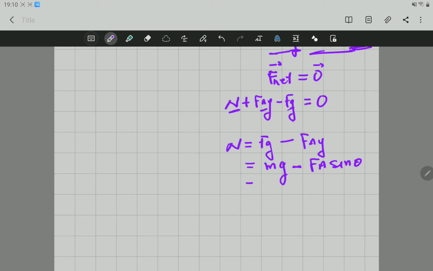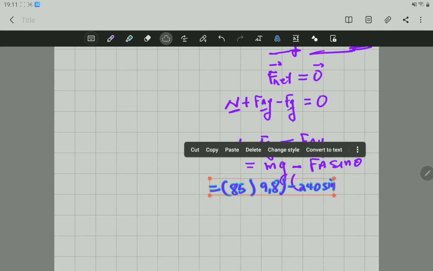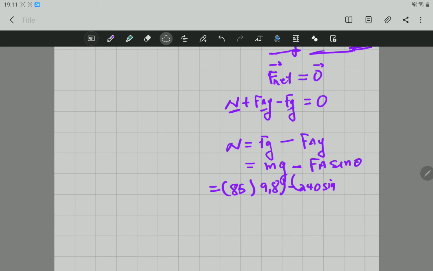So let's substitute the values. The mass of the object is 85 kilograms, acceleration due to gravity is 9.8, minus applied force 240 sine of 20 degrees.